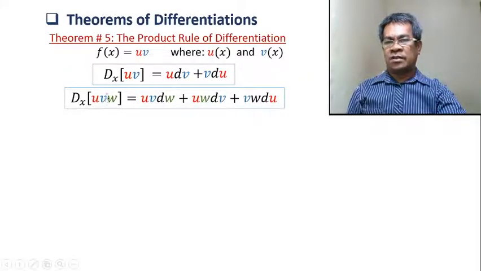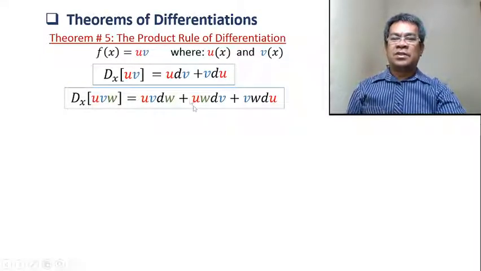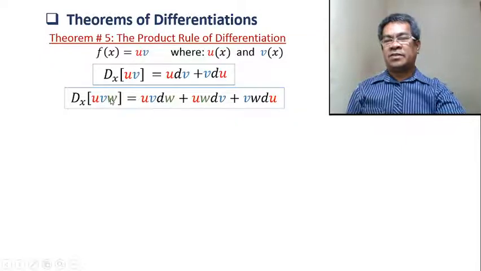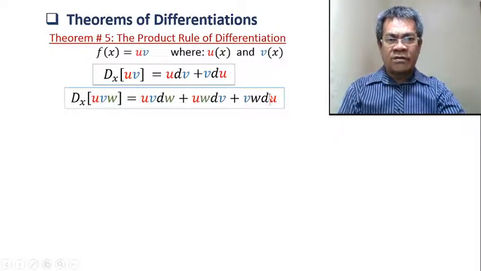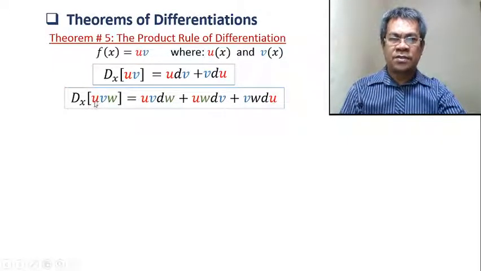Nothing to worry, any of these. If you decide to differentiate v next in the second term, v will be differentiated, then copy the other terms, u and w. Finally, because there are 3 factors here, there should be 3 terms also. For 2 factors, 2 terms, but 3 factors, 3 terms. Now, finally, we will differentiate the u.